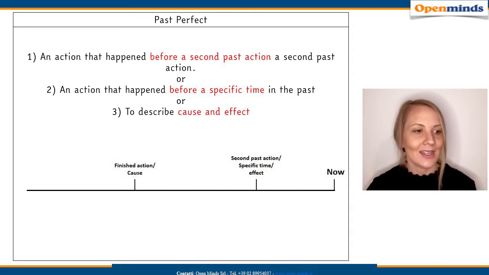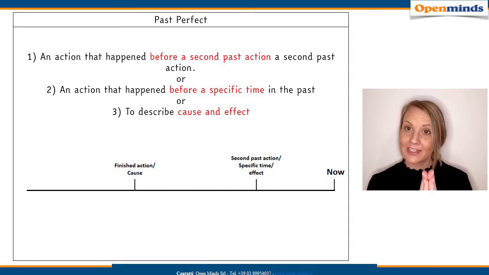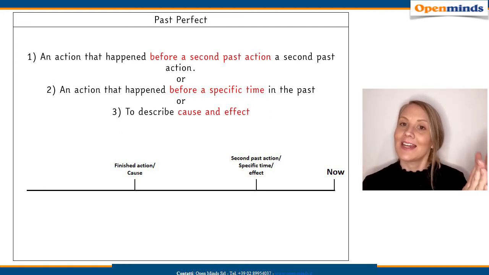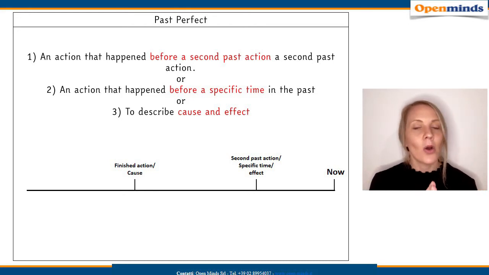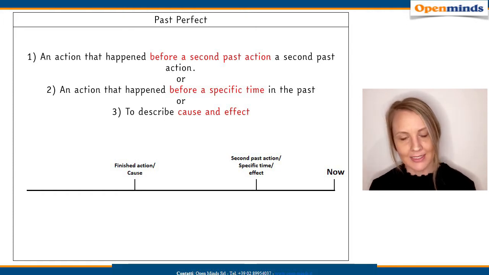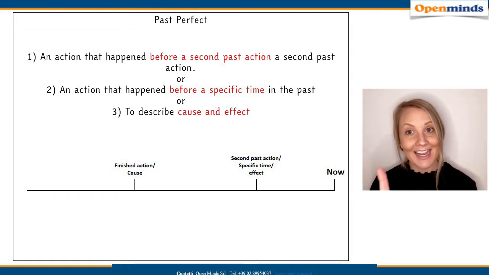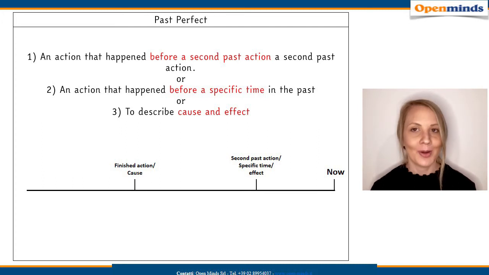Number two, an action that happened before a specific time in the past. So a time in the past and an action before this time. Or number three, to describe cause and effect. If you don't understand yet, don't worry. We're going to explain it in further detail.